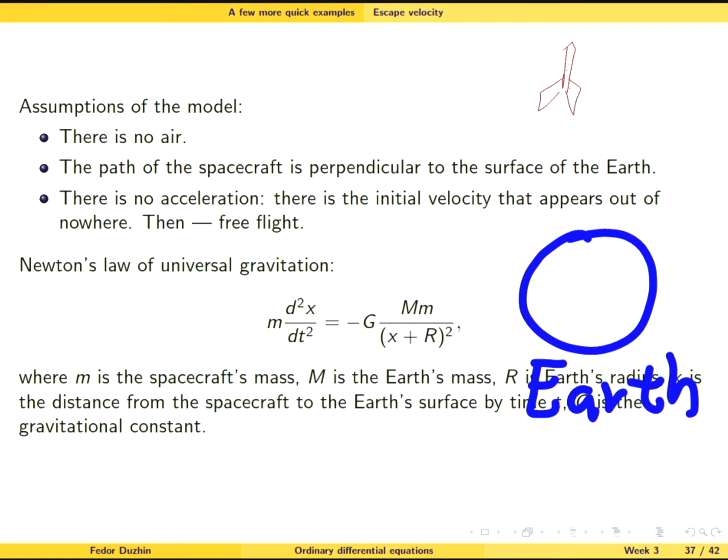Well, it's not a rocket, but anyway. So that's the distance between the spacecraft and the center of the Earth, and here x is the altitude, the distance between the surface of the Earth and the spacecraft, and big R is the radius of the Earth.